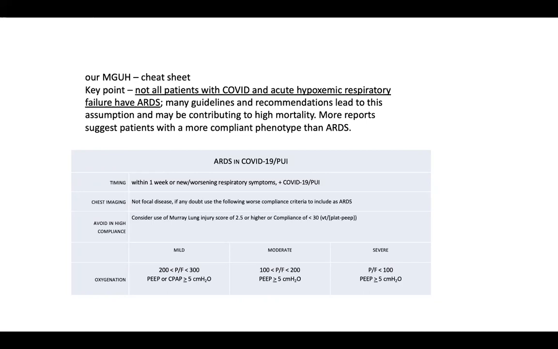It came to my attention from one of our fellows that Dr. Murray passed away at the end of March. He did some pivotal work in defining ARDS, and he died of COVID-19. But really, without even making measurements, the prediction of whether or not someone has a high compliance, low elastance phenotype can be made just on the chest imaging when you have focal disease in large areas of normal lung.